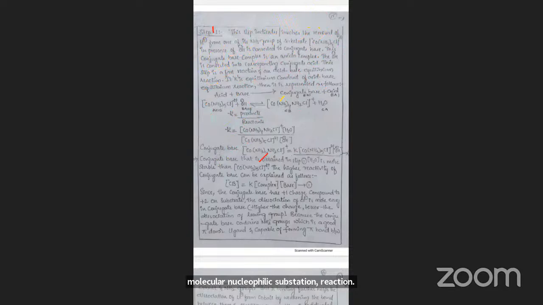We discuss step 3. What happened here? The 5 coordinate complex, that means Co(NH3)4NH2, this is the 5 coordinate complex. This 5 coordinate complex reacts with the conjugated acid released in step 1. The conjugated acid is involved in the reaction.